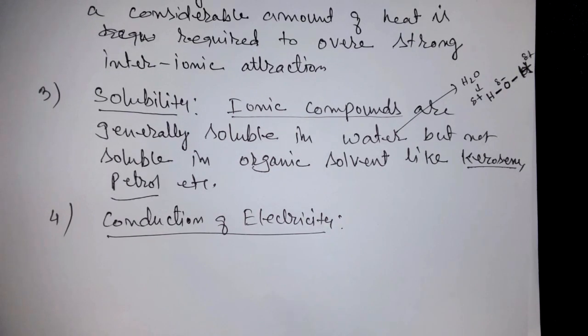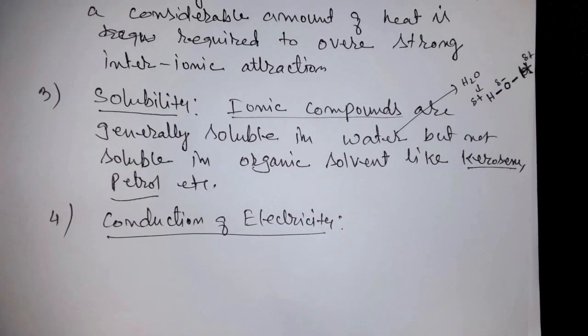So ionic compound cannot conduct electricity if it is in solid form. But if it is in solution or in melted form, that is a molten state, then it will be able to conduct electricity, because in both cases, solution or molten form, the ions will be able to move. And if ions can move within a substance, then that substance becomes a good conductor of electricity.